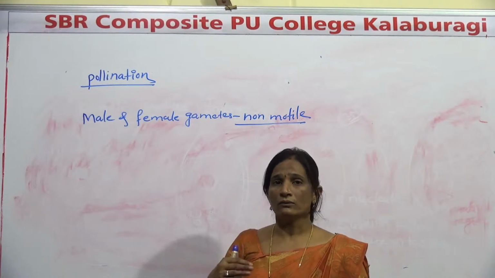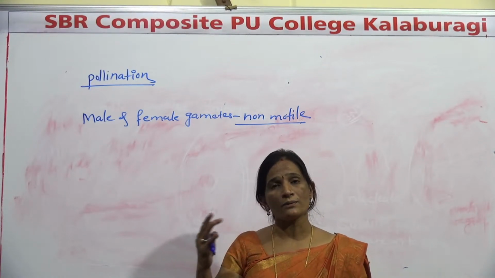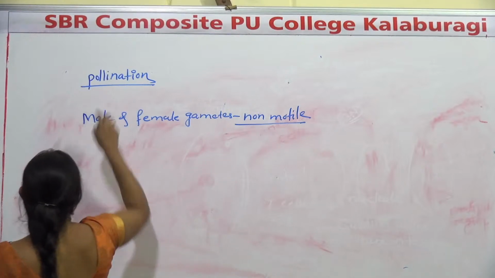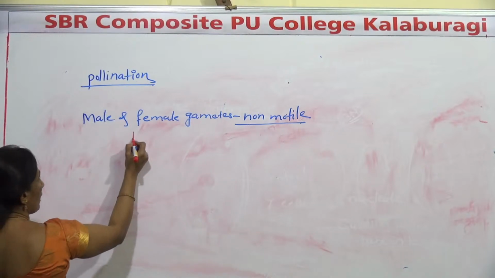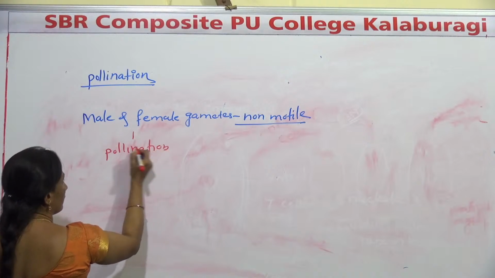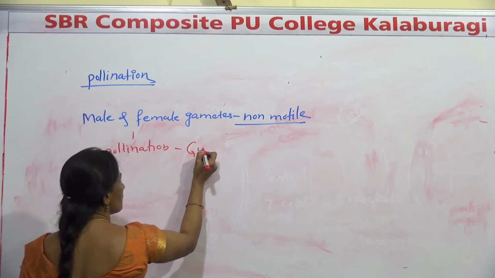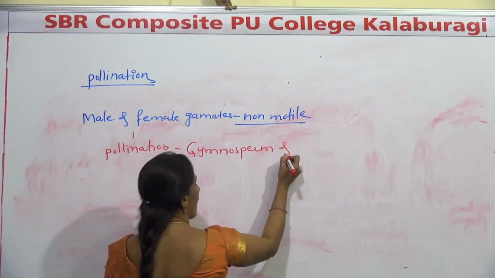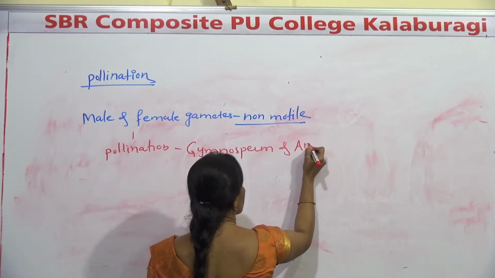So how is the male gamete transferred to the female? That is through pollination. This occurs in gymnosperms and angiosperms.